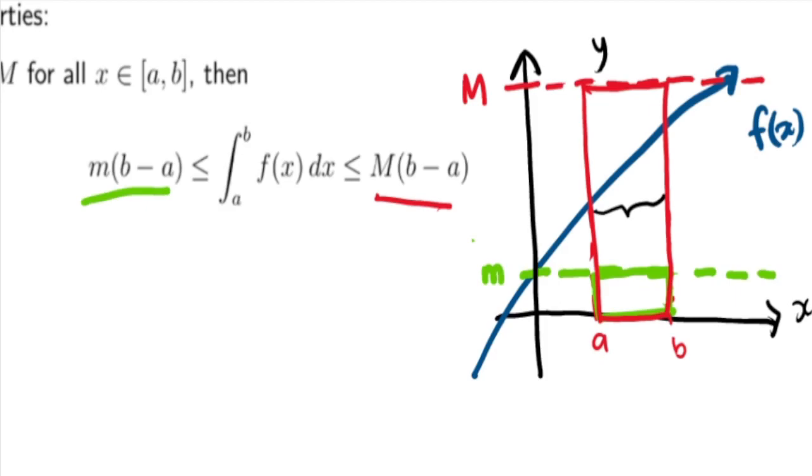Okay, so that is what we can think of as the graphical interpretation of this property. Now, these properties, we're going to apply them in the next video in solving some problems.